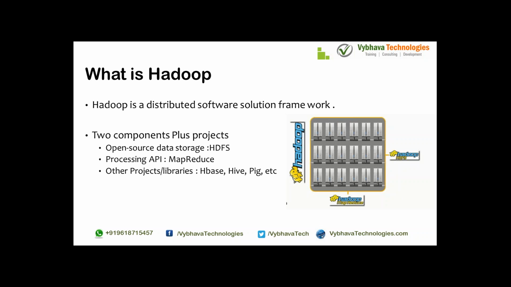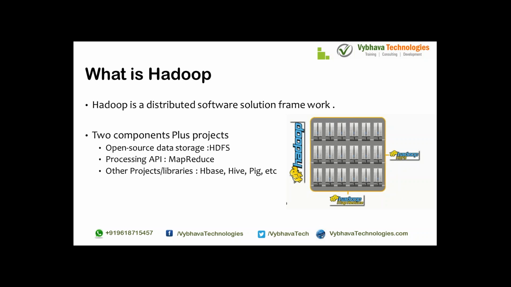Okay, the processing API is MapReduce. So what is MapReduce doing and what is Hadoop doing? Hadoop is providing the storage. Like in the first slide I discussed how we are storing data, right? So it is providing the distributed file system, meaning distributed storage.